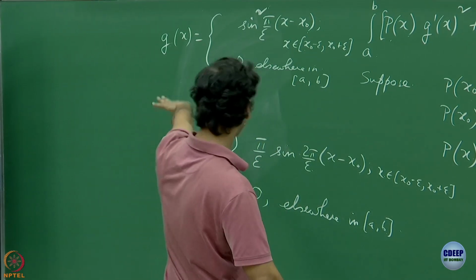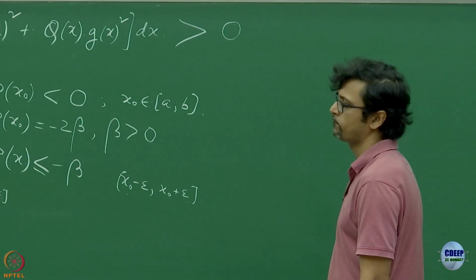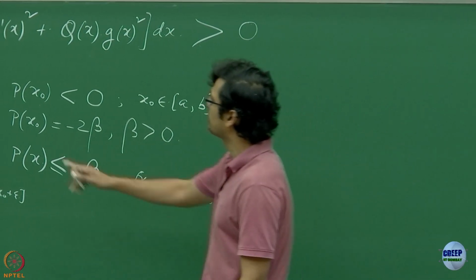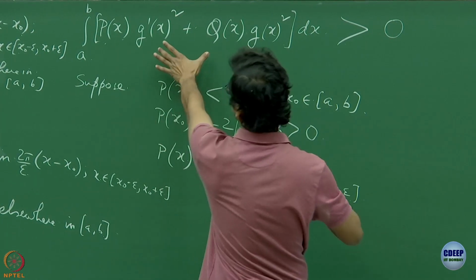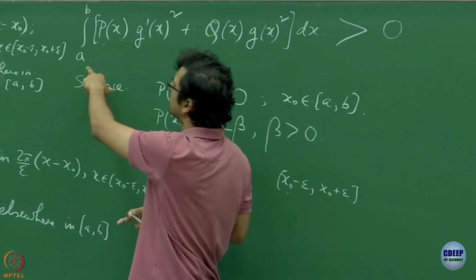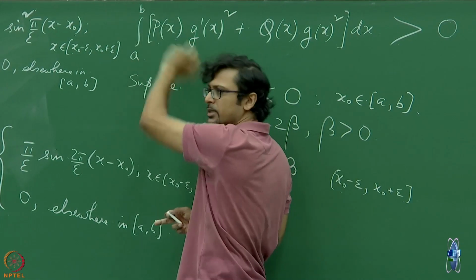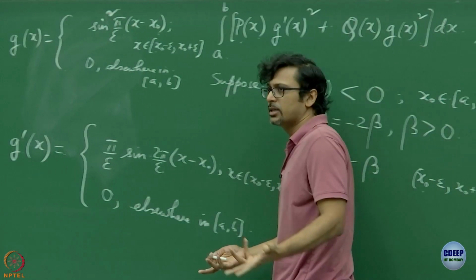Okay, that is kind of this function. Now outside of this interval, this function vanishes. So I put it to you that if this integral is now evaluated, you need to only evaluate this integral over the interval x naught minus epsilon to x naught plus epsilon, because outside of it both g and g prime vanish, so it does not exist.